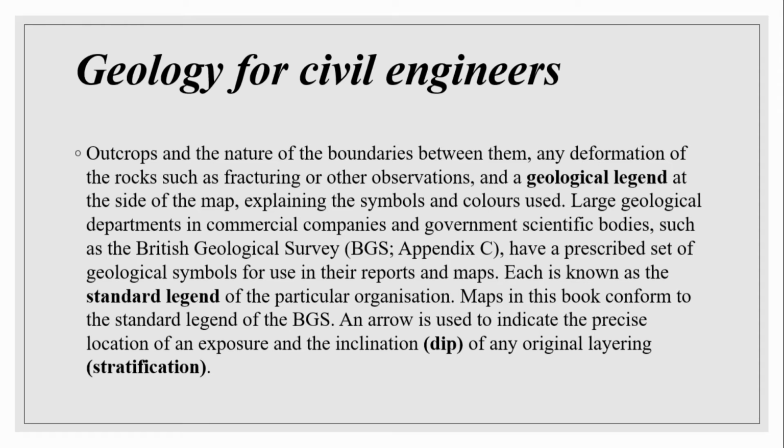The arrow is used to indicate the precise location of an exposure and the inclination or dip of any original layering or stratification. The arrow points in the direction of dip, and the amount of dip measured from the horizontal in degrees is given as a figure close to the tip of the arrow, which marks the precise location of the exposure.